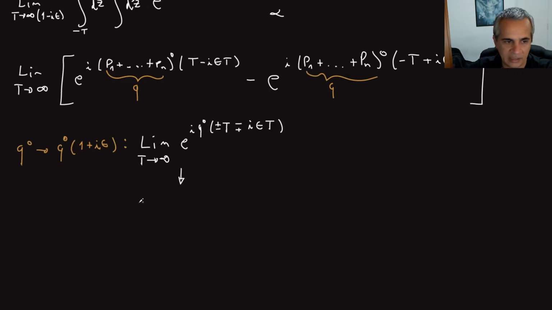What I will get is the limit of t going to infinity of the exponential of plus minus, the same order I have here, of i q0 t times (1 plus epsilon squared). In other words, with this sign, all real terms cancel each other.